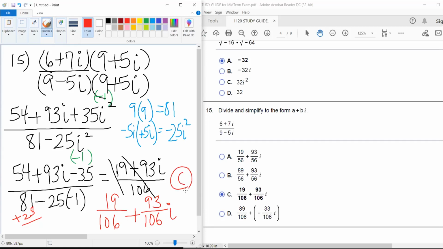That is choice C. Any questions about complex numbers? Okay.